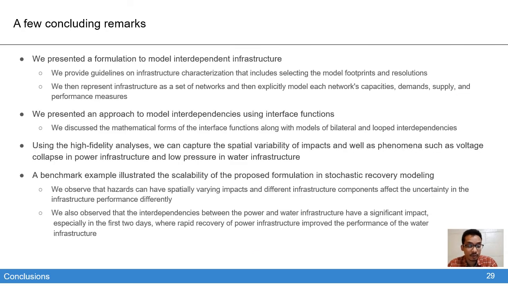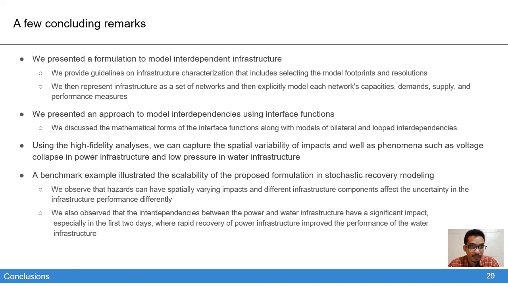Finally, for some conclusions, we presented a formulation to characterize infrastructure, model its functionality, as well as the interdependencies. Using the high fidelity analysis, we were able to capture the spatial variability of the hazard impacts, as well as phenomena such as voltage collapse in power infrastructure and low pressure in water infrastructure.